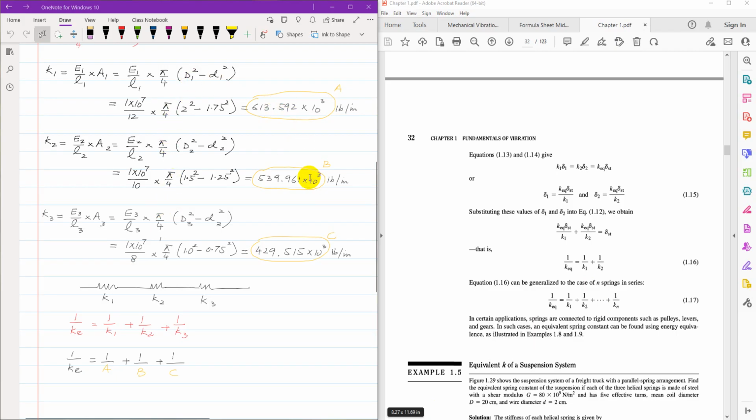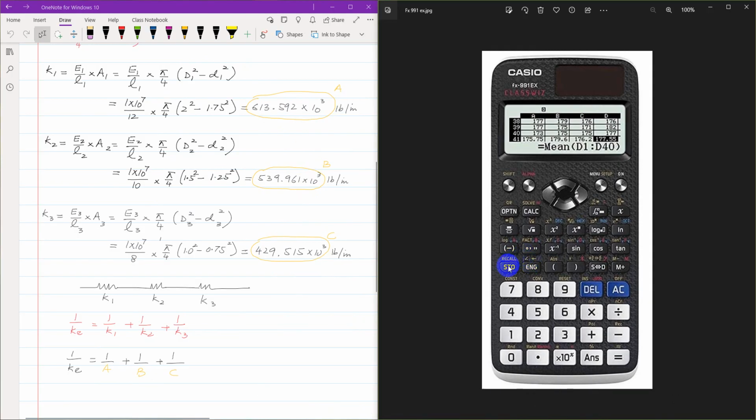To get answers with more accuracy, I have saved the values in the calculator as A, B and C, and now you can recall them from the calculator. It's very simple: use the alpha and A button.